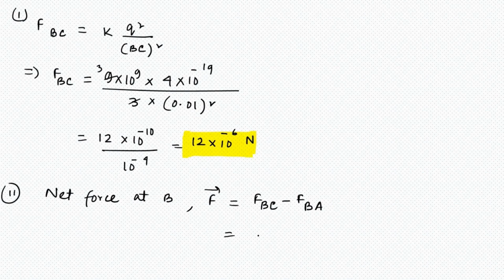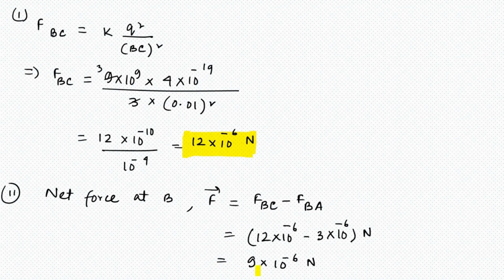So FBC is 12 into 10 to the power minus 6, and FBA is 3 into 10 to the power minus 6 Newton. So that is equal to 9 into 10 to the power minus 6 Newton. So this is our second answer. The net force at B is 9 into 10 to the power minus 6 Newton.